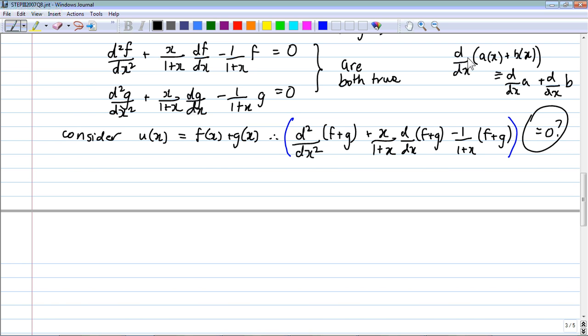Another way to put it is that the sum of the differentials is equal to the differential of the sum. So because that's true, in this term here I can split this derivative, and the same is true for a second derivative.